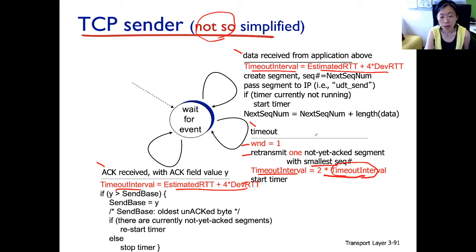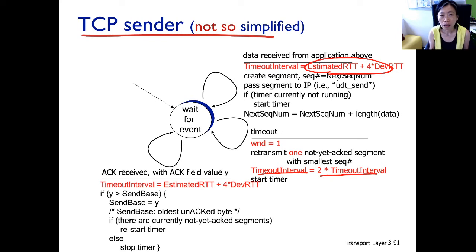Now, back to the timeout event. Setting the timeout interval to twice the current value. Oh wow. We were actually quite conservative here already, isn't it? That is covering 99.99-something percent of all these RTT samples.